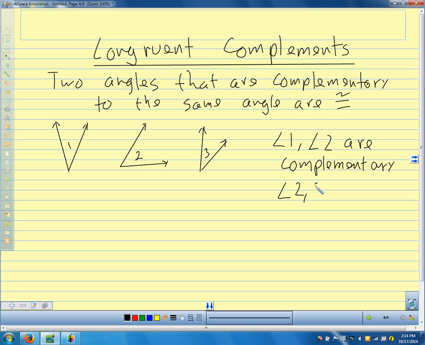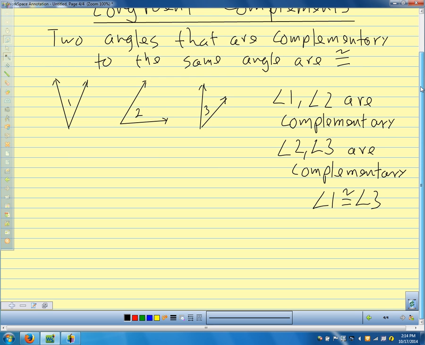Angle 2 and angle 3 are complementary. So angle 1 is congruent to angle 3. This looks a little bit like the transitive property, doesn't it? We're kind of linking these two together, but these two end up congruent instead of complementary. All right, let's prove this one.